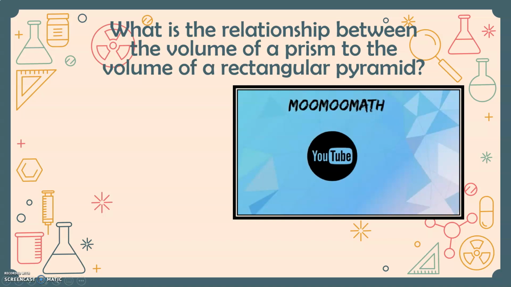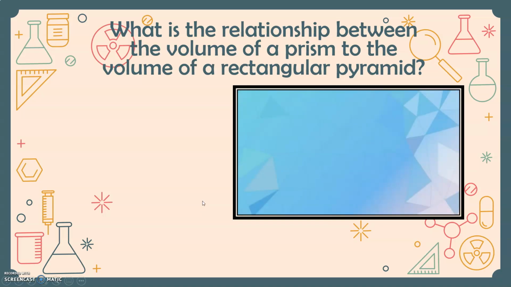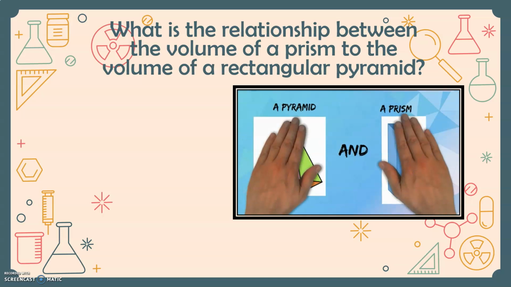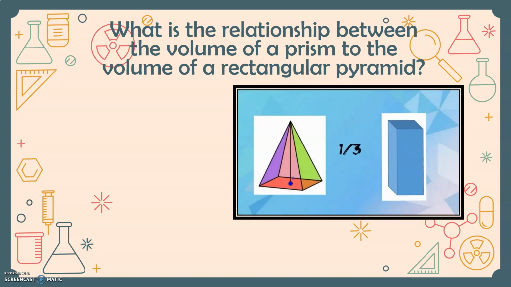New math video every day. In this demonstration, I'd like to look at the volume of a pyramid and the volume of a prism. The volume of a pyramid is exactly 1/3 the volume of a prism with a similar shaped base and the same dimensions.